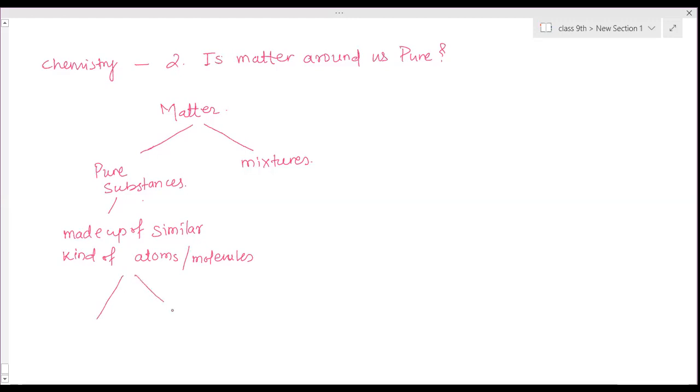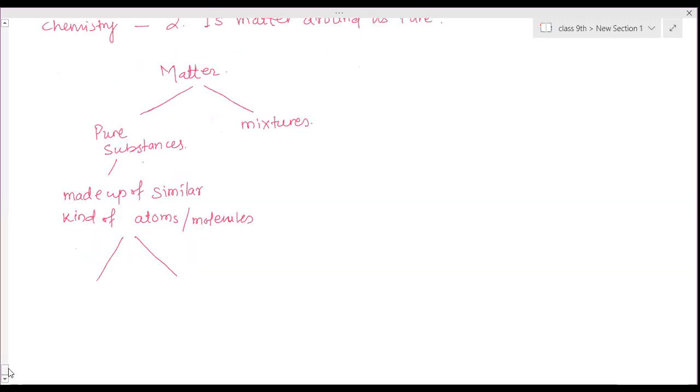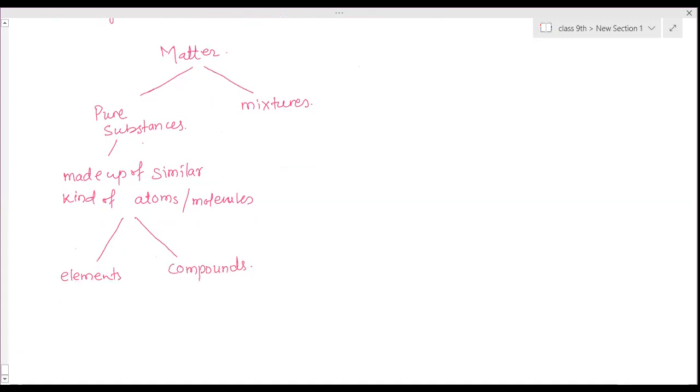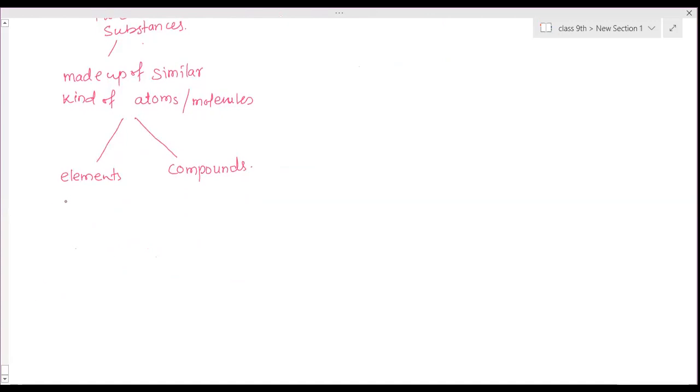So pure substances, depending on whether it is an atom or a molecule, are divided further into elements and compounds. Elements are made up of similar kinds of atoms, so single atoms will be seen everywhere.